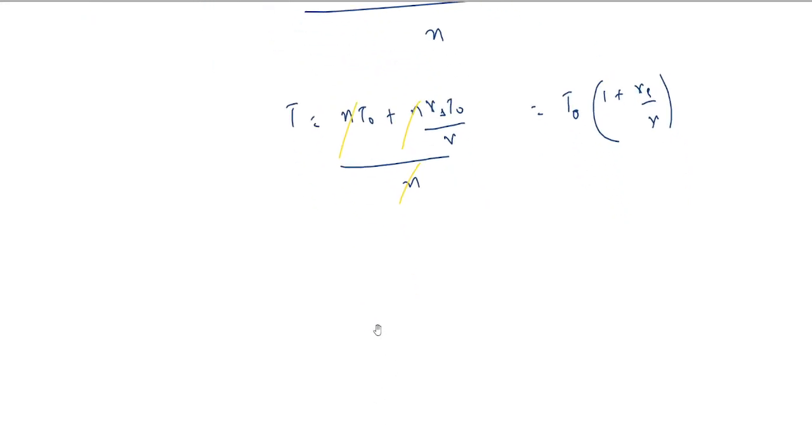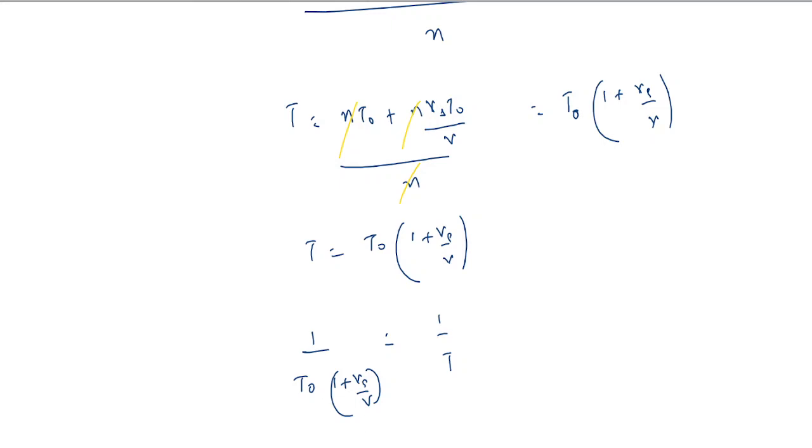But what you want is the frequency. Frequency is 1 by time period. So from here, T is equal to t naught into (1 plus Vs by V). If you bring it down, then what you get is 1 by t naught into 1 plus Vs by V is equal to 1 by T.